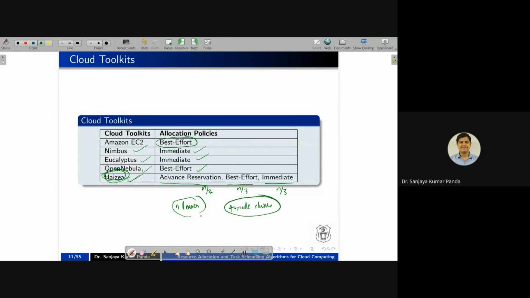I'm taking an example of a 4-node cluster. That is really challenging, and that problem is called the resource allocation problem. Is it clear? After this, if you have any doubt, you can ask.